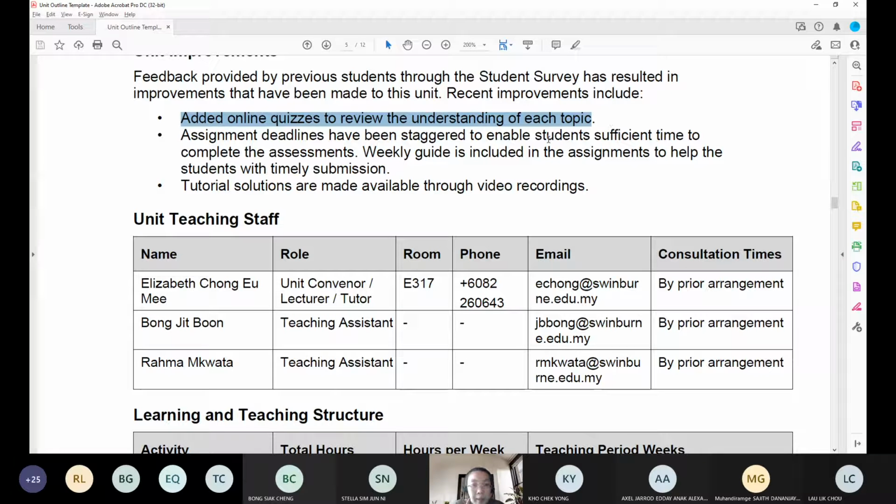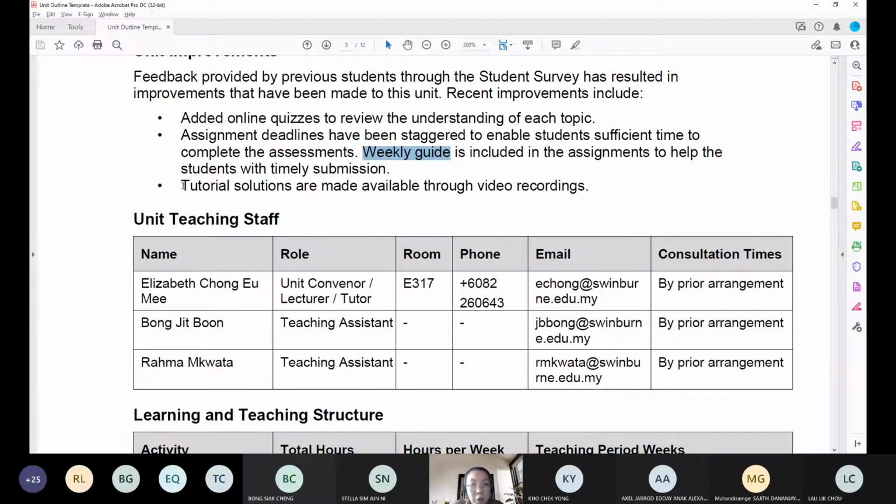Assignment deadlines have been staggered to give students sufficient time to complete the assessments. On top of that, I've also included a weekly guide in all the assignments to help with timely submission. Hopefully, if you follow the weekly guide, you should be able to complete it in a timely manner.